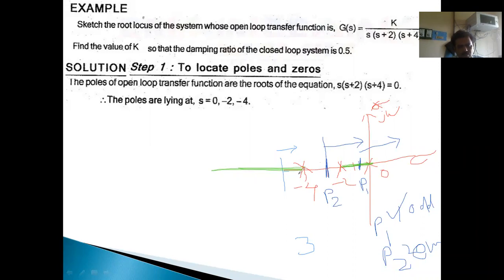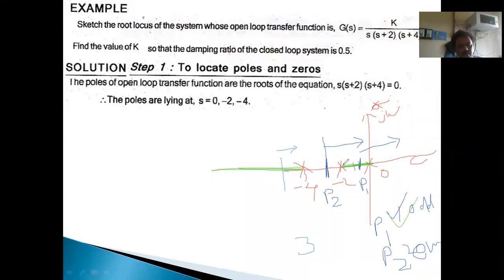Our aim is to find out whether the root locus exists on the real axis or not. For that, we take a test point in between these two and count the total number of poles and zeros to the right of this test point. If it is an odd number, that test point is present on the root locus.